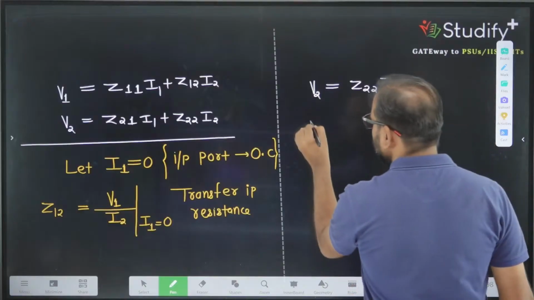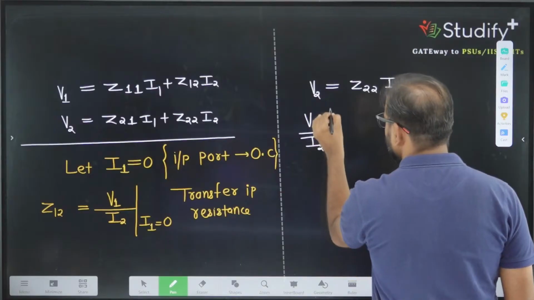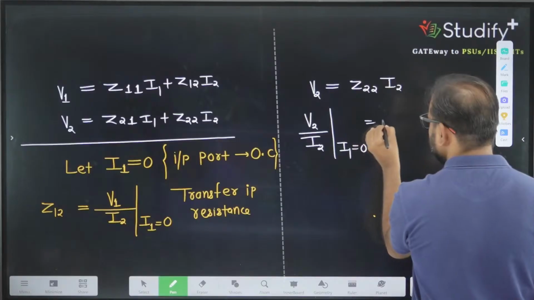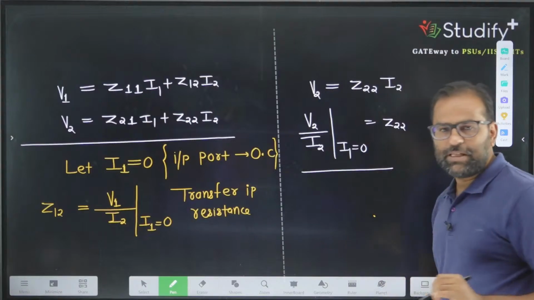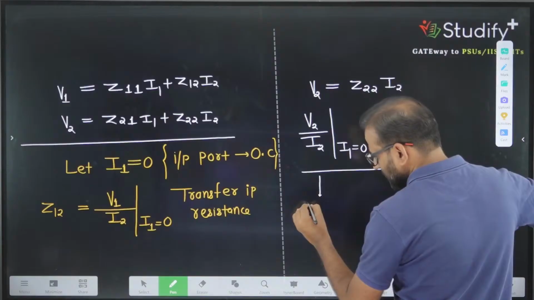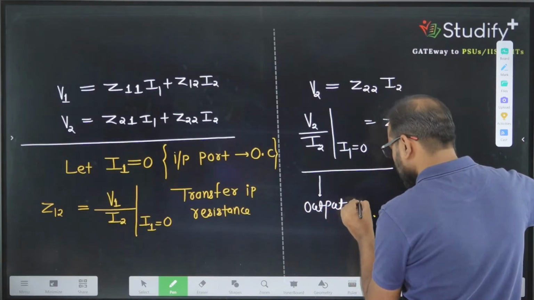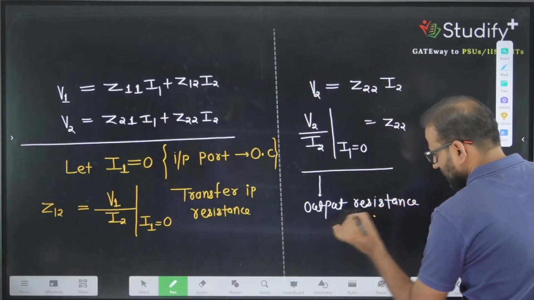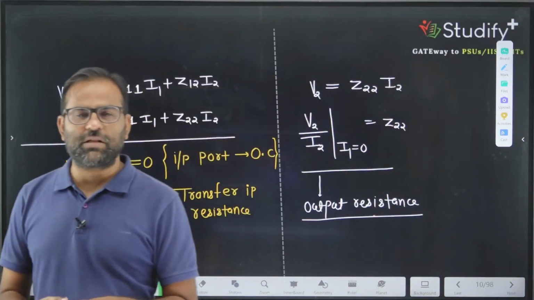And V2 divided by I2, by making I1 equal to 0, that parameter is known as Z22. And what is the meaning of this? The meaning of this is output resistance. This is the output resistance.